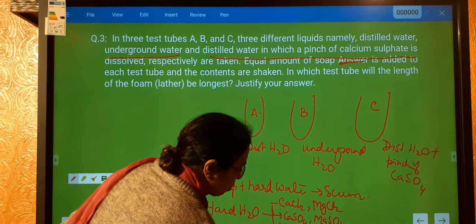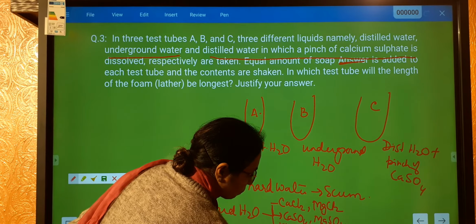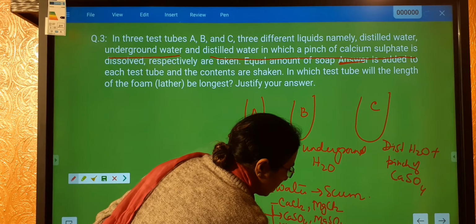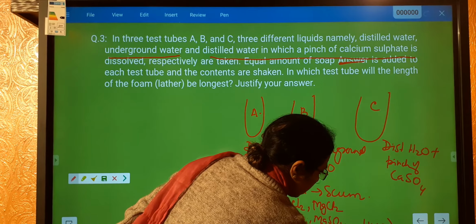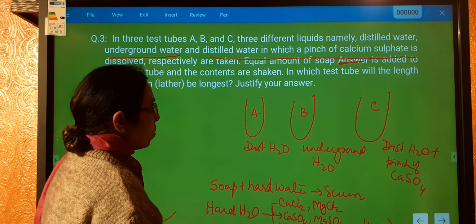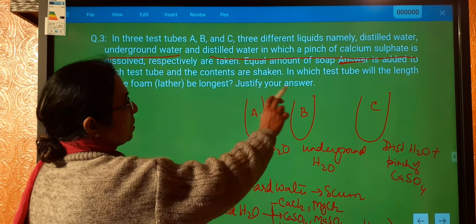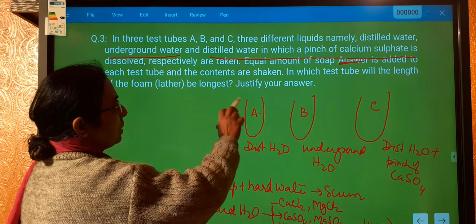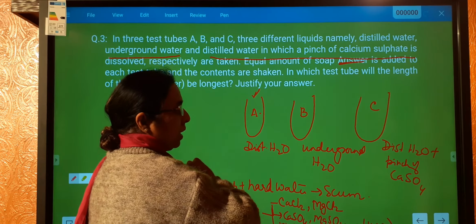It may also contain calcium bicarbonate or magnesium bicarbonate. So over here, in which test tube will the length of foam be the longest? The length of foam will be longest in test tube A.